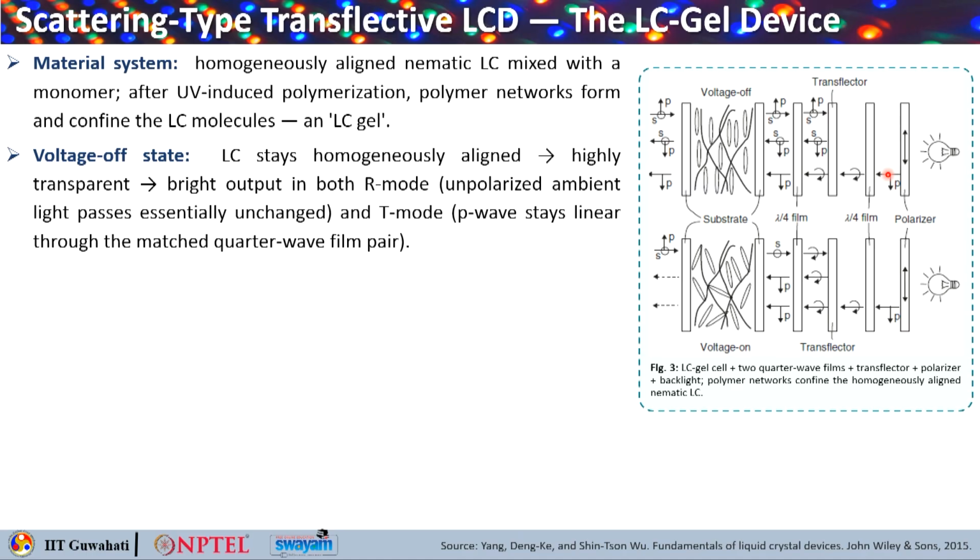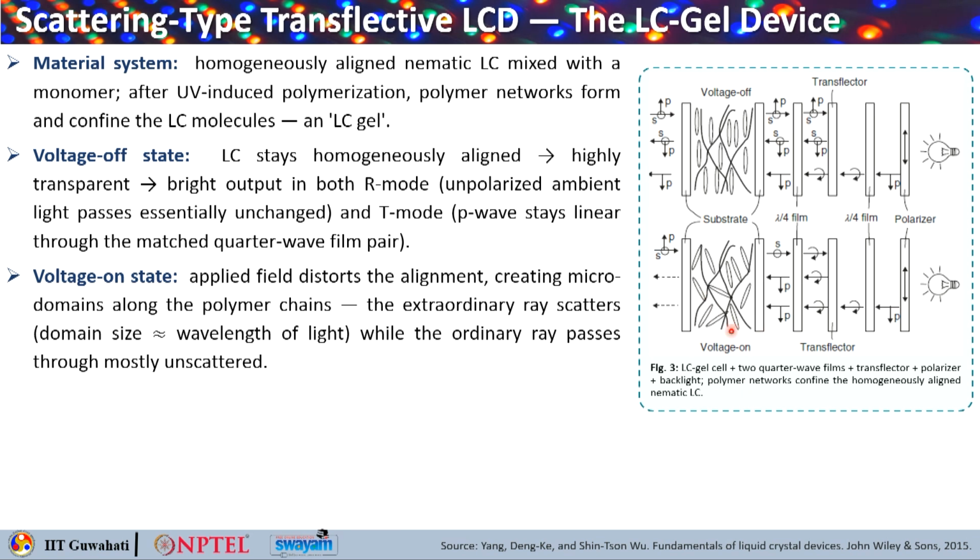And because the two quarter wave plates are there on either side of the transreflector, which are oriented with perpendicular optic axis, their combined effect on a linear P wave basically cancels out. So the P wave passes through the transreflector and exits the display still linearly polarized and largely undiminished. So you are basically getting a bright transmissive state as well.